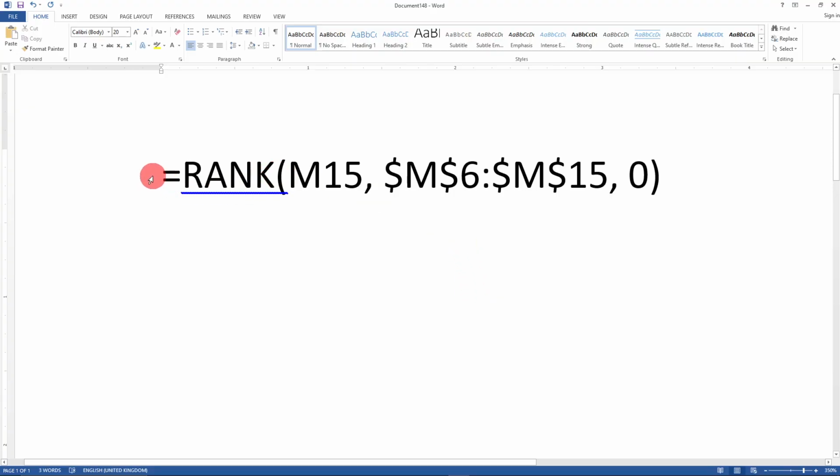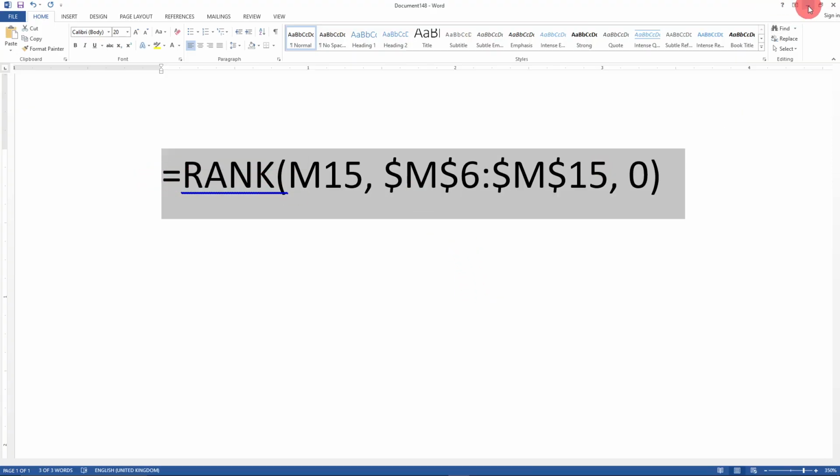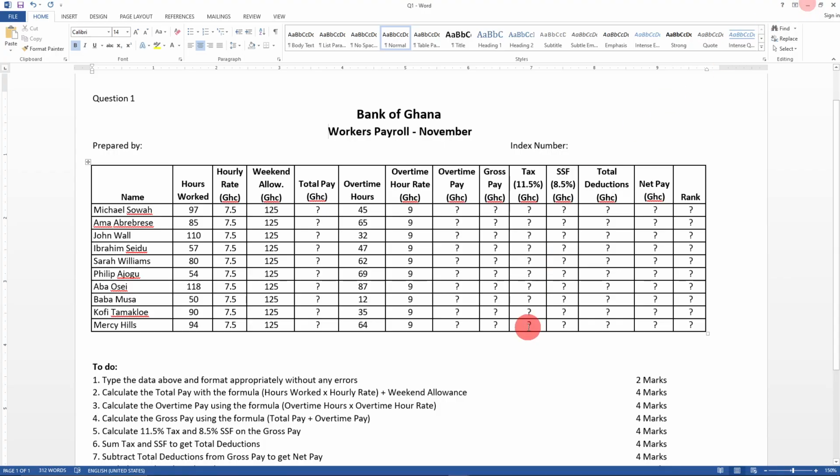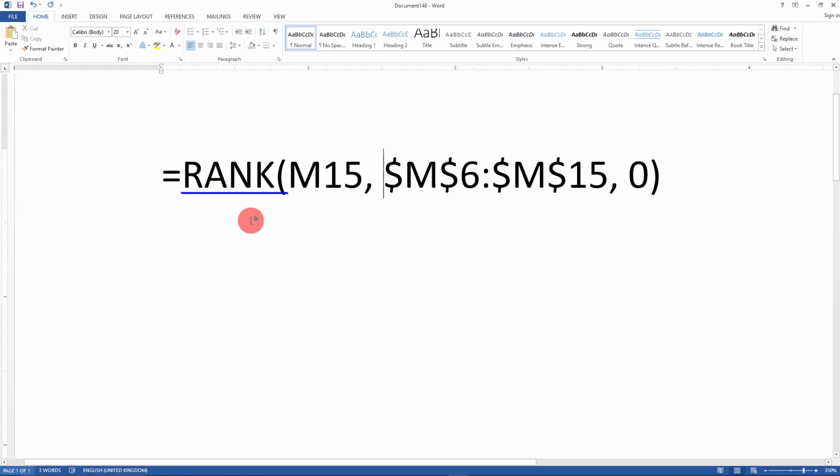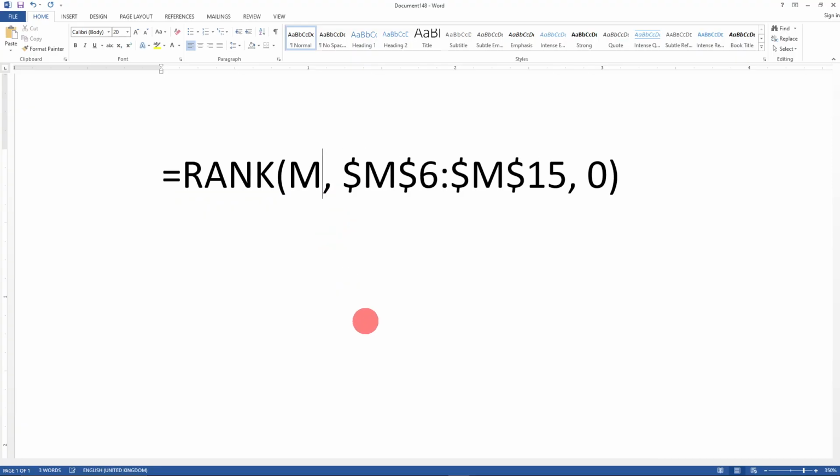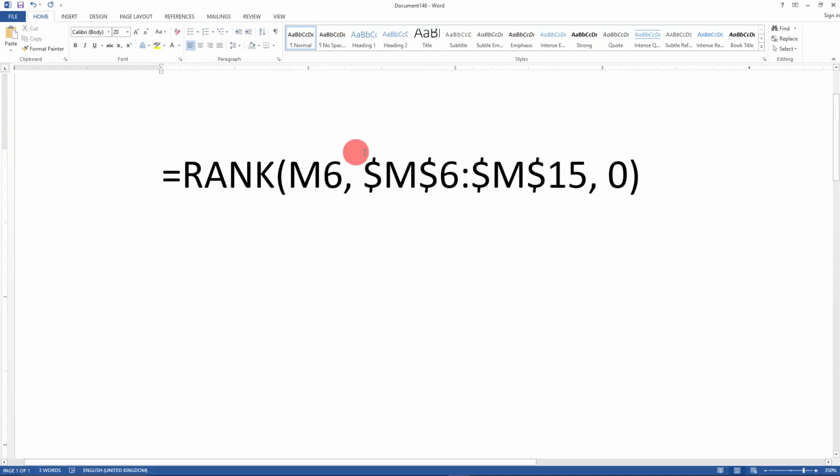Let me explain it on the Excel, so that we get the understanding. So I showed you the formula for the rank earlier. The 15 here is the last person. Michael is M6. If you put 15 there, it will calculate from the last person.